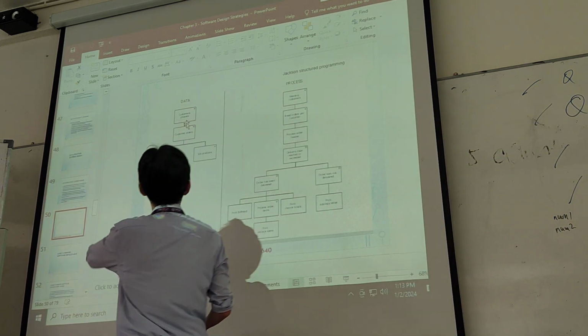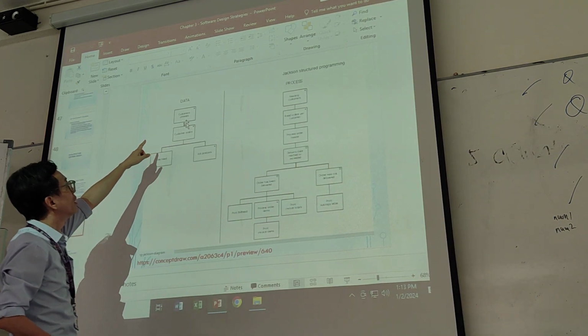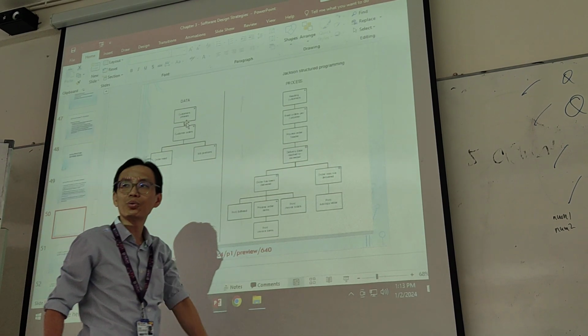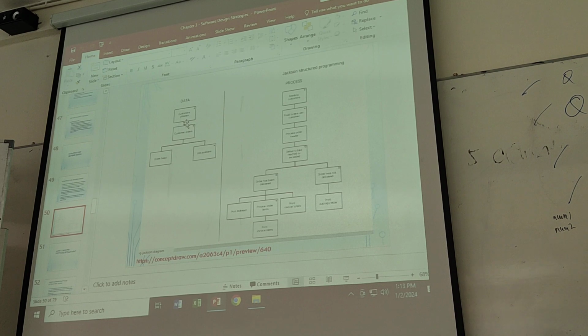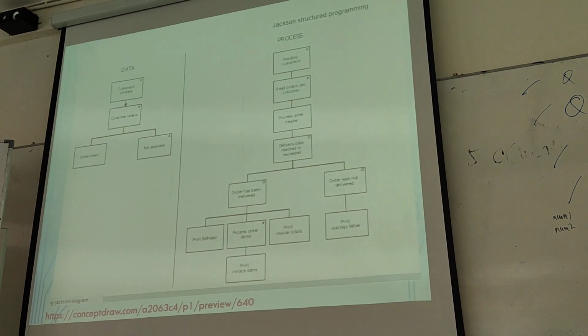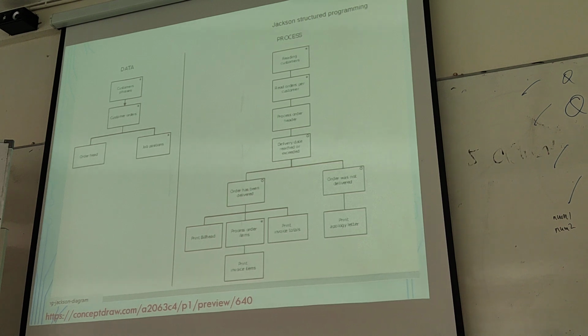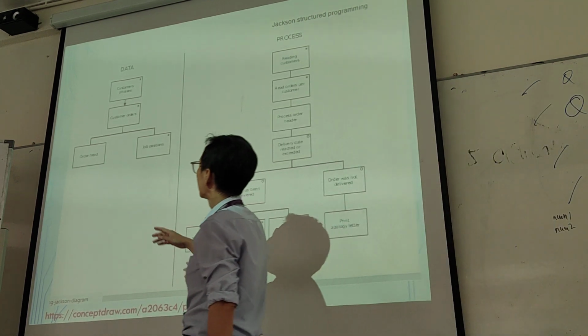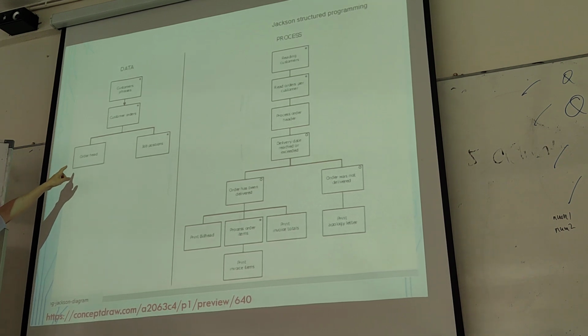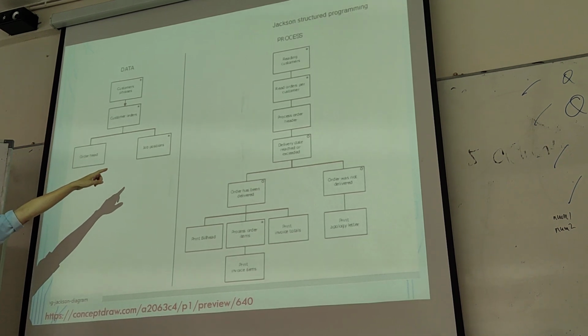This is the data: customer order, very difficult to break down. You can see that, okay? So the data is the customer order, the order header, the job position.